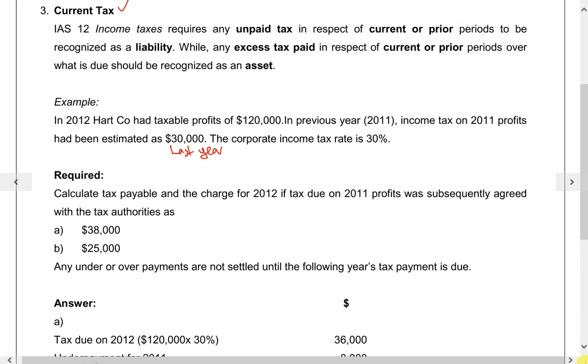If the tax due for last year was subsequently agreed with the tax authority, meaning the LHDN, our tax for last year should be 38. 211 should be 38, but we provided only 30, right? So it's under provision. So this year, our profit is 1200, so we're going to calculate the current year provision. 30% will be 36. So this is current year provision.